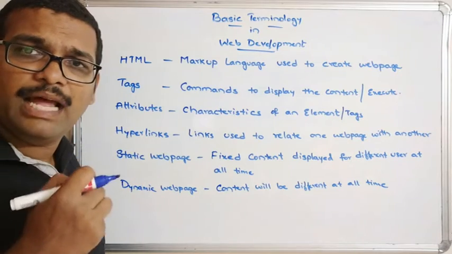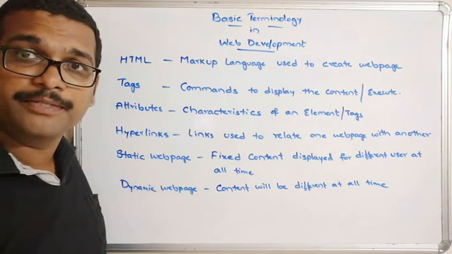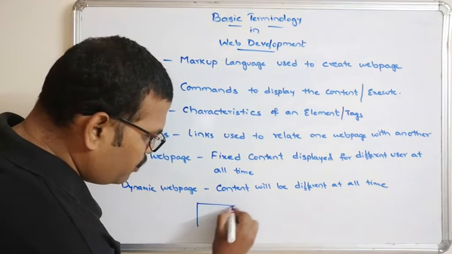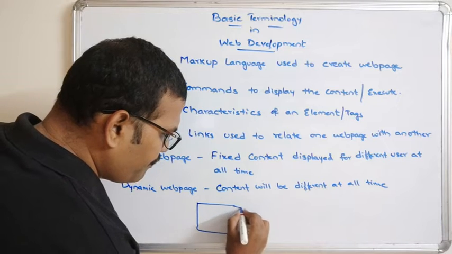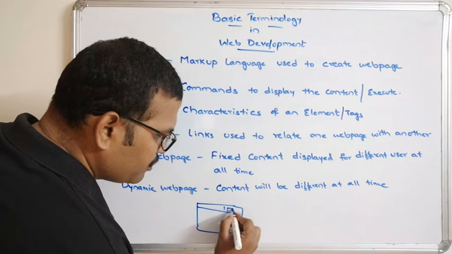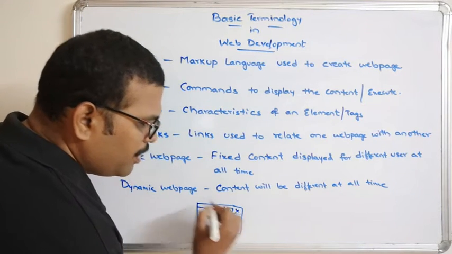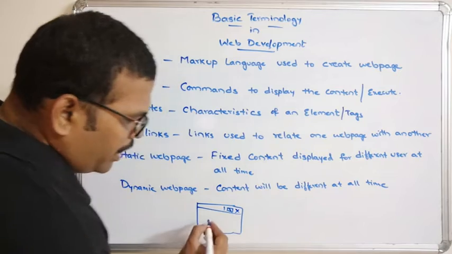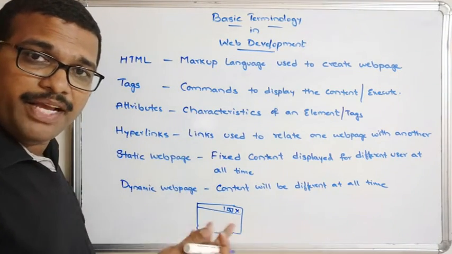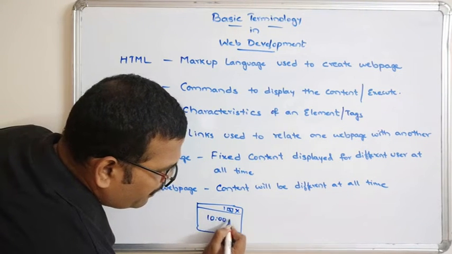A simple example makes us understand the static web page and dynamic web page. I have created one web page to display the time. This is a browser, and here I have created one HTML page which displays the time as 10 AM.